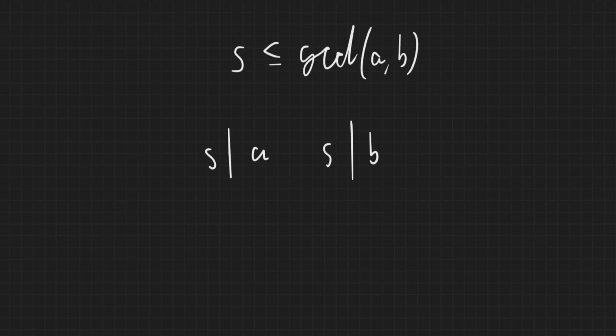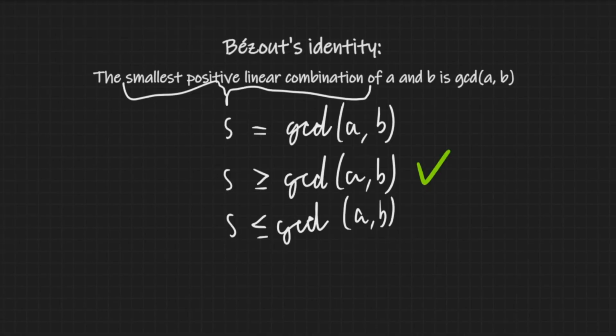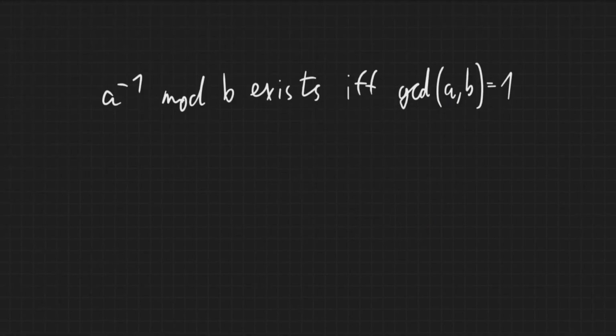So s is a common divisor of a and b, and therefore s cannot be bigger than the greatest common divisor of a and b. And now we're done. The smallest positive linear combination of a and b is indeed equal to the GCD of a and b.